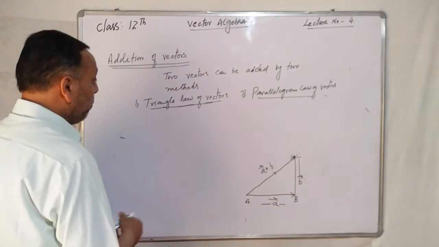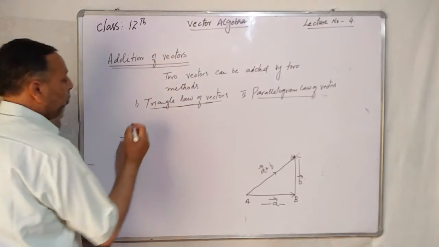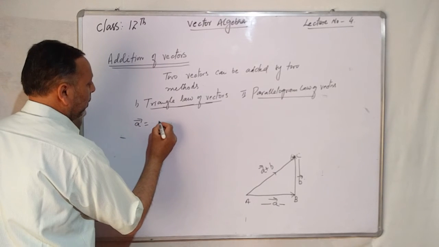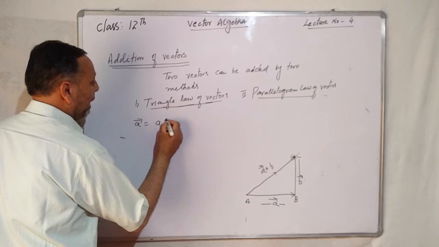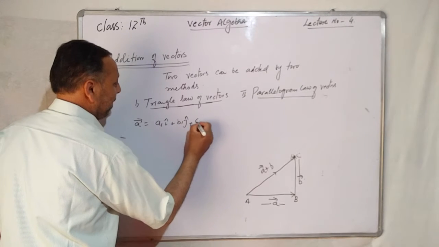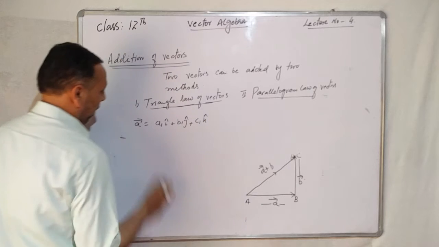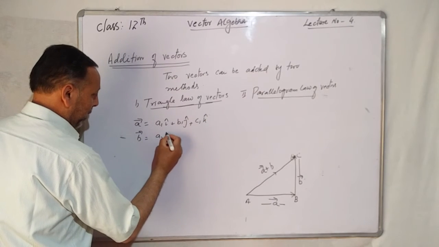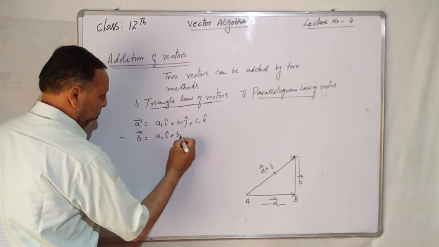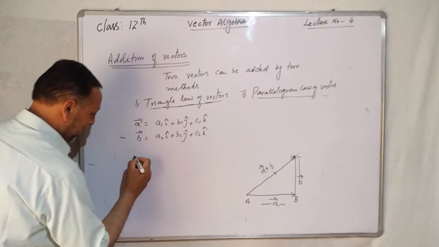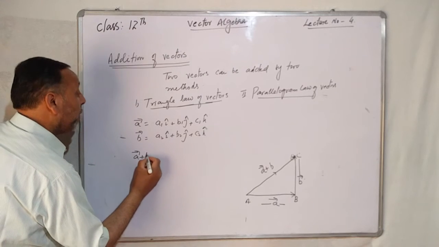Now, if we suppose that vector A is equal to A1 i cap plus B1 j cap plus C1 k cap, and vector B is equal to A2 i cap plus B2 j cap plus C2 k cap, then what is the addition of these two vectors?